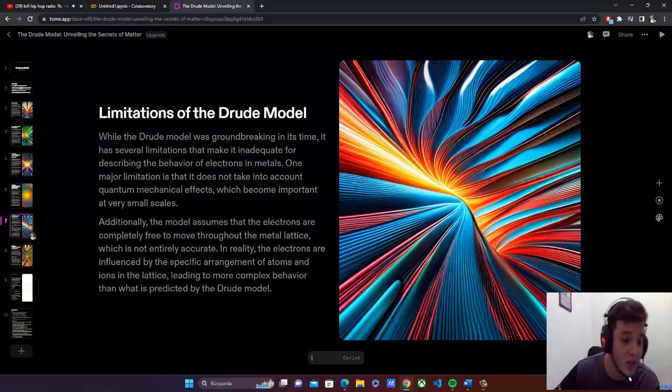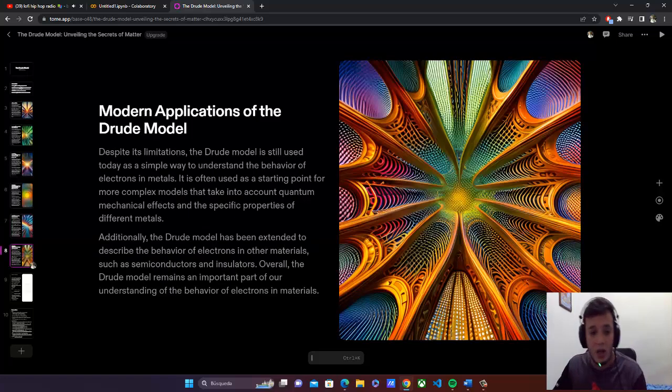These limitations make the Drude model a simplified description, not suitable for all cases. In more complex situations or specific materials, more advanced approaches such as electronic band theory and quantum theory of electrons in solids are required to obtain a more accurate description of electrons' behavior in metals.